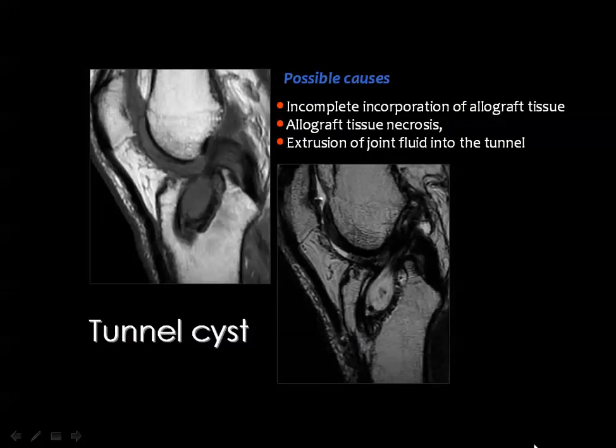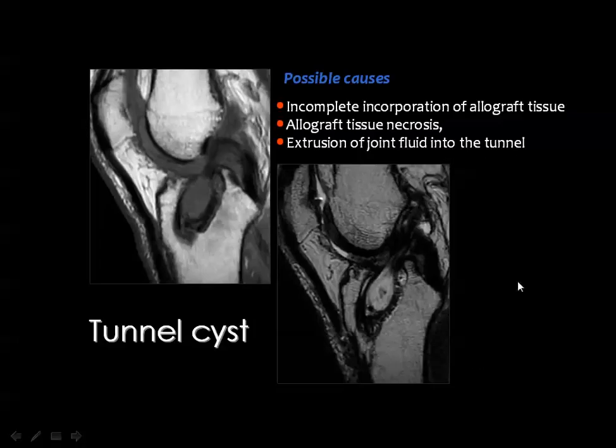Then one of the complications is known as the tunnel cyst, and this is a collection of fluid in one of the tunnels, either in the tibial tunnel or in the femoral tunnel. And these are the possible causes: incomplete incorporation of the allograft tissue, or graft necrosis, or extrusion of the joint fluid into the tunnel.